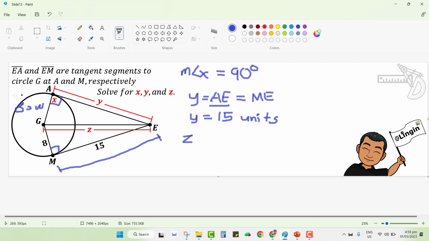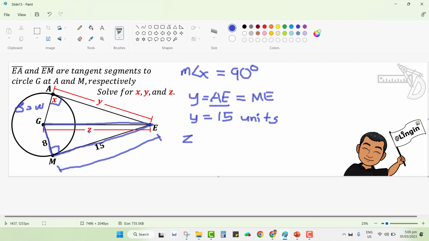But this is not what we are looking for. We're looking for Z. I would like you to observe this triangle here, triangle EGM or MEG or MGE. This is a right triangle, where the right angle is here, and these are measurements.